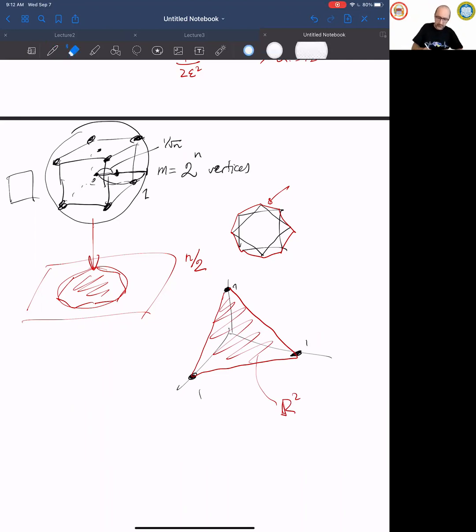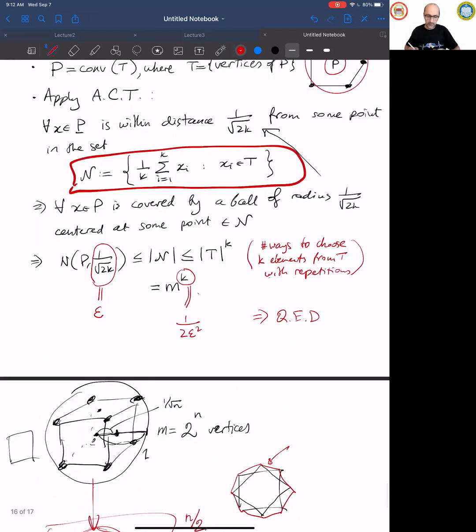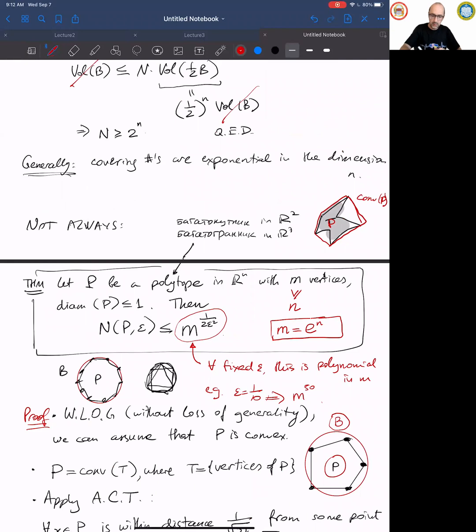In R3 it's a, I can't remember, tetrahedron, I think that's what it's called, and so on. So the simplex has very few vertices. It has n vertices, actually n+1 vertices in Rn. And that is where the theorem applies very well.